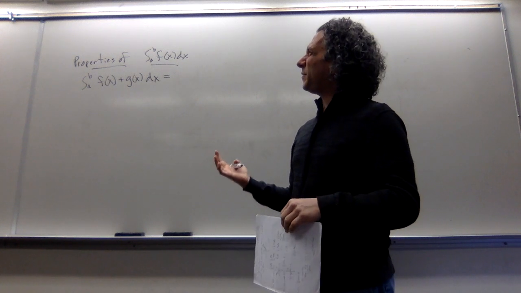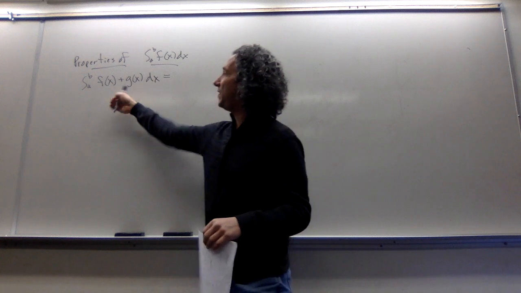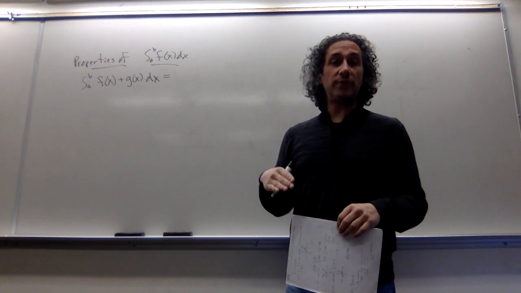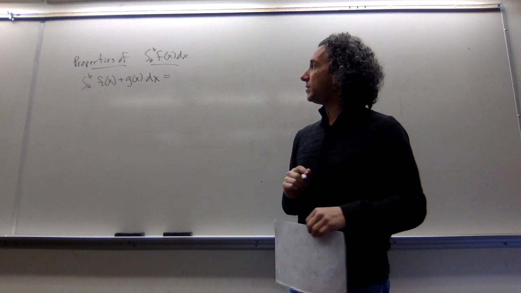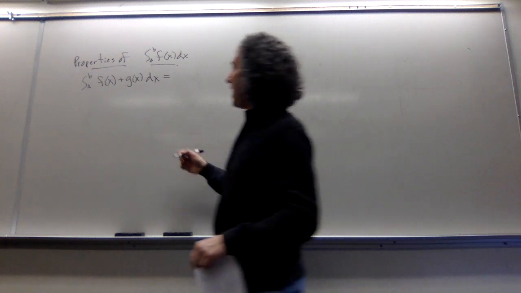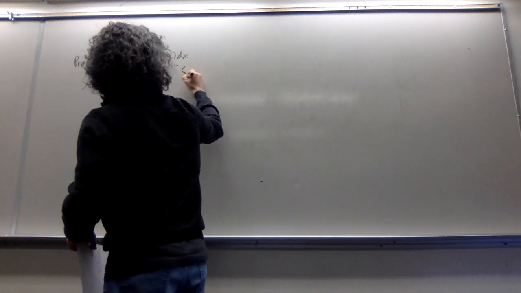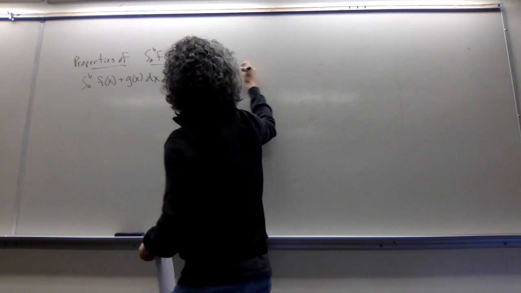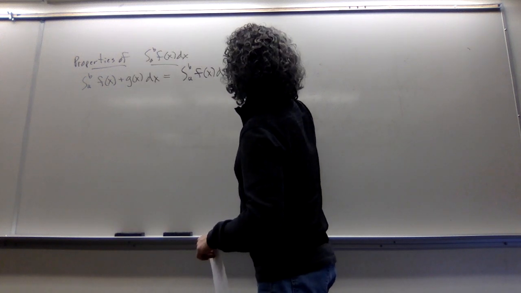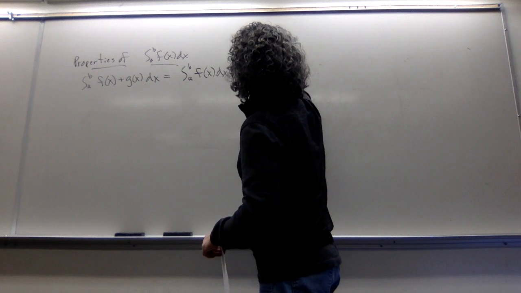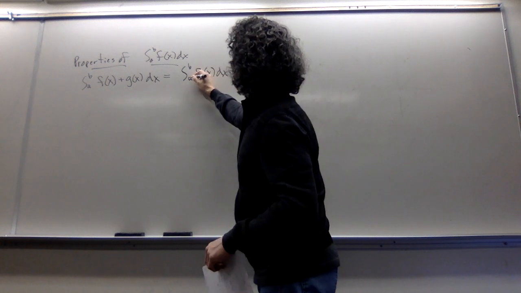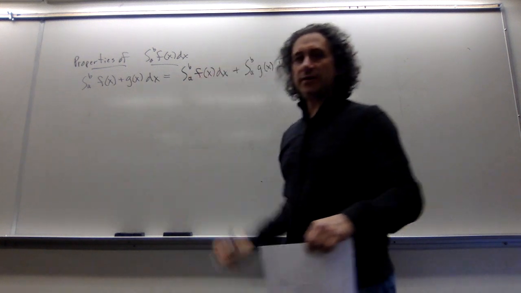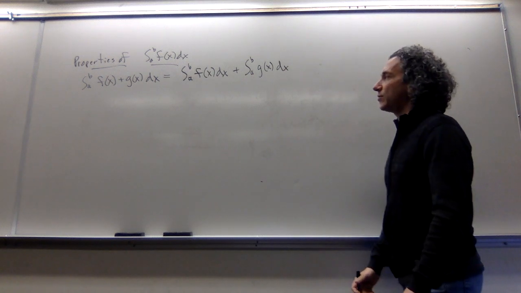And we know that the derivative of a sum of two things is the sum of the individual derivatives from a previous calculus course. So I wouldn't be surprised if this is equal to this. In other words, the integral of a sum of two functions is the sum of the two integrals.